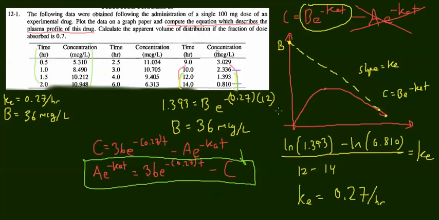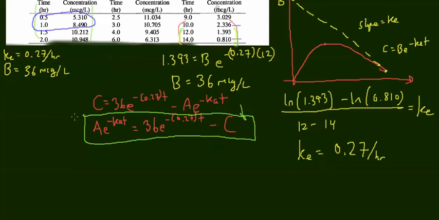And how do we make the A line exactly? Well, instead of using the last points this time, now we want to use the first points. What I like to do is make a T-chart, and I'll show you what I mean. As long as we find the value of 36 e to the negative all that minus C, the value of C, we'll find points on this A line.